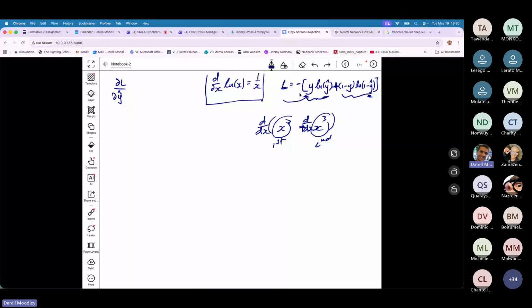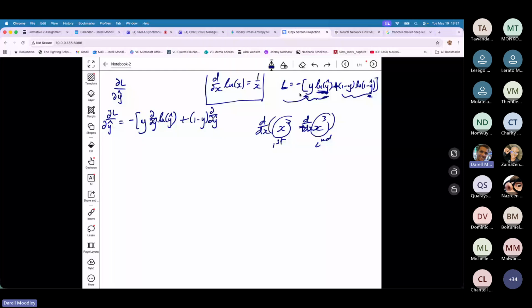So the derivative of L with respect to y hat is equal to minus y, the derivative of this part here, because this is the only part that has y hat. So I can pull out anything that doesn't have y hat as a constant, right? I can take it out of the derivative part, plus 1 minus y, the derivative of ln 1 minus y hat.